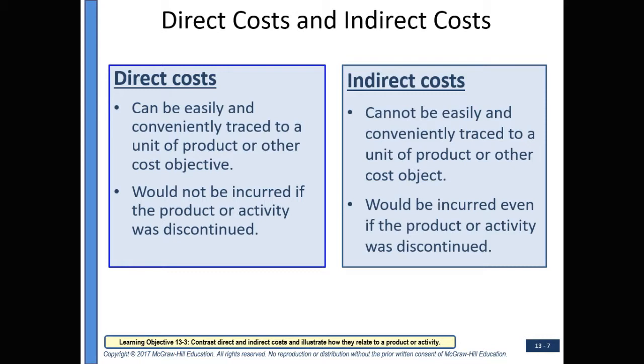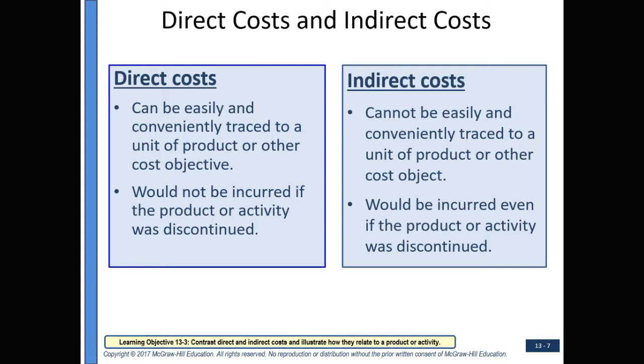Direct costs are really easy and very convenient to trace to products or units. These are things that we would not have as a cost if that product or activity was discontinued. So, for example, the raw materials that go into creating something.